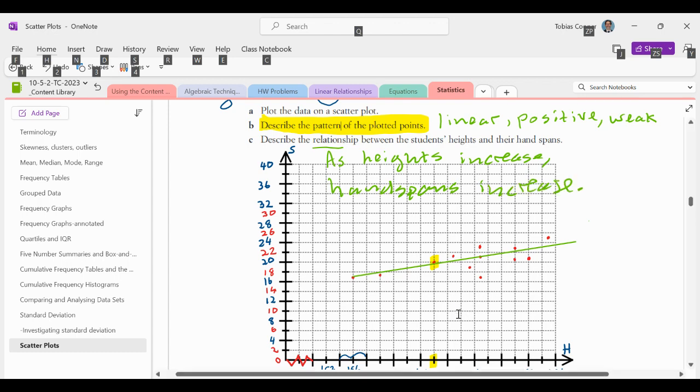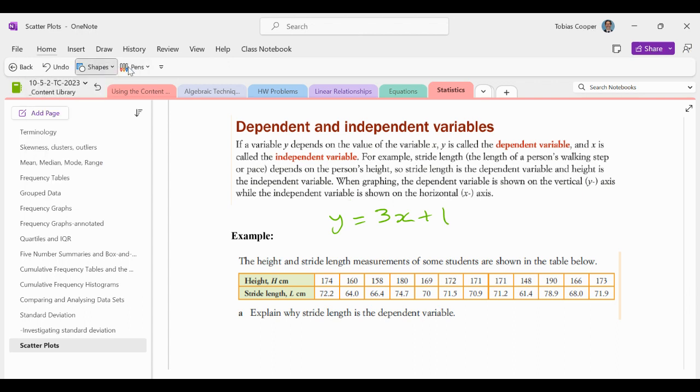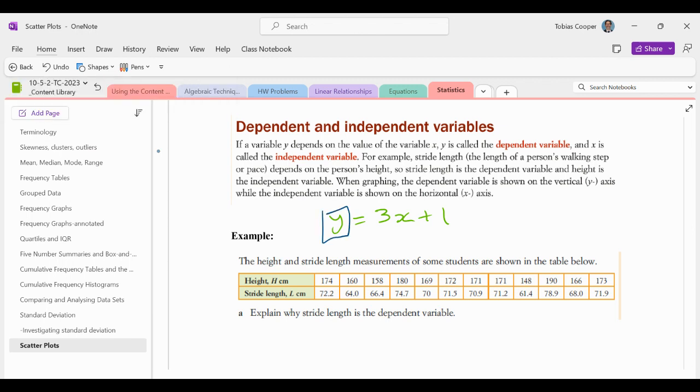Okay. All right, let's have a look at dependent and independent variables. So now if a variable y depends on the value of the variable x, y is called the dependent variable. So typically, let's have a look at an equation. Y equals 3x plus 1. I've just made that equation up. Now, to get the y value, you need to substitute an x value in there, then times by 3 and plus 1.